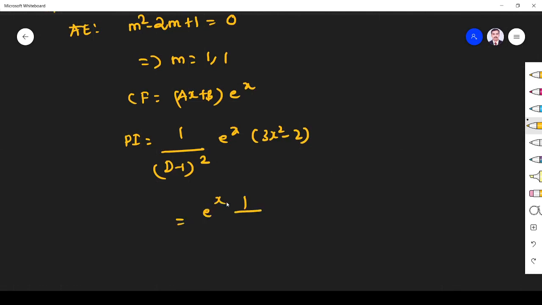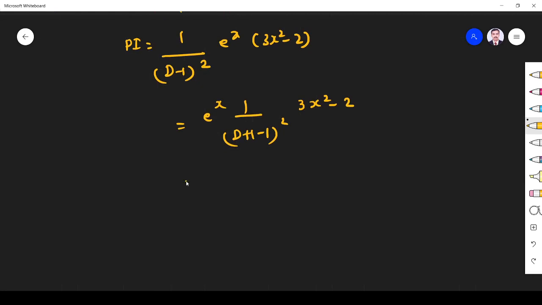e^x, 1 by (D plus 1 minus 1) squared, and 3x squared minus 2. Here it will be equal to e^x times 1 by D squared into (3x squared minus 2). 1 by D squared is nothing but two times integration. So e^x, first time if you integrate, what will happen?